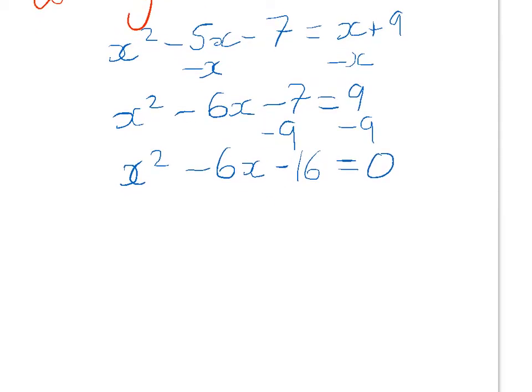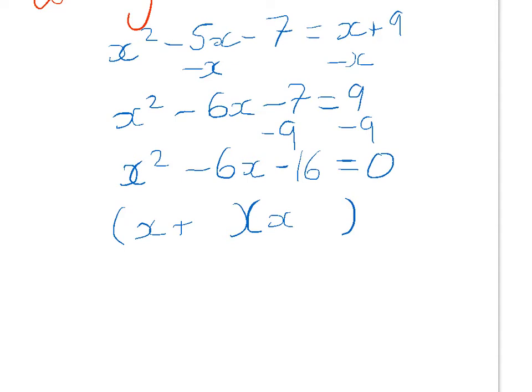Now, we need to see if we can factorise this. Remember, because we've got a minus value at the end, we're looking for two numbers that times together to make minus 16. So we must have a positive and a negative in our brackets. Two numbers that multiply to make 16 are 1 and 16, 4 and 4, or 2 and 8.